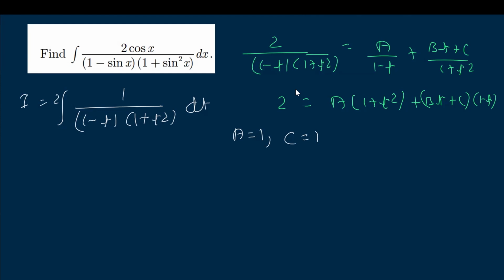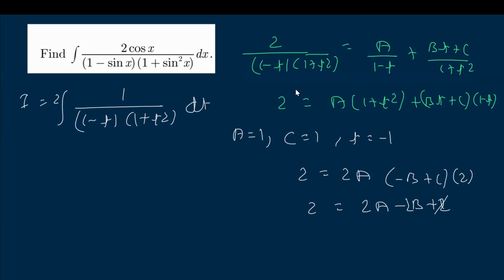Now to get b, I'm going to place t as minus 1. So placing t as minus 1, this is 2a, and plus minus b plus c into 2. This is 2a minus b, placing c as 1, so it's going to be minus 2b plus 2.